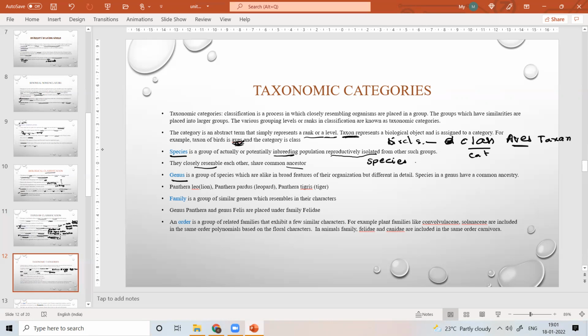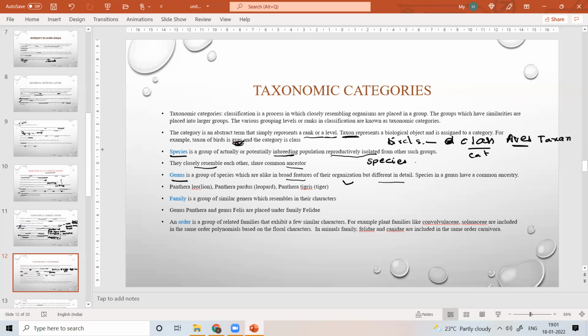Broad features may be similar, but if you go into detail, they are different. Individual species possess their own characters. Species in a genus have common ancestry, and different species evolve from a common ancestor.